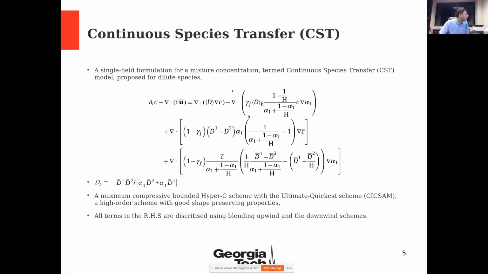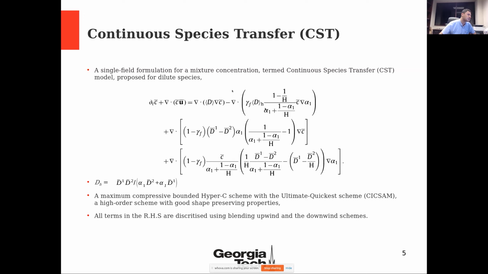This formulation is harmonic diffusion. It means that the surfactant will go through the bubble in a parallel form. To give an overview, on the left-hand side is the material derivative. On the right-hand side, the first term is bulk diffusion in the bulk fluid.